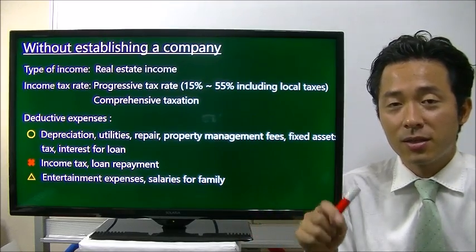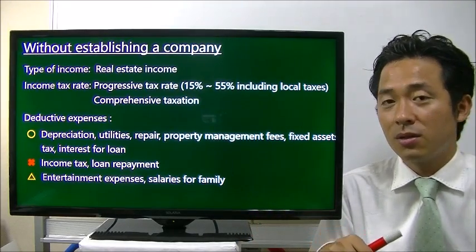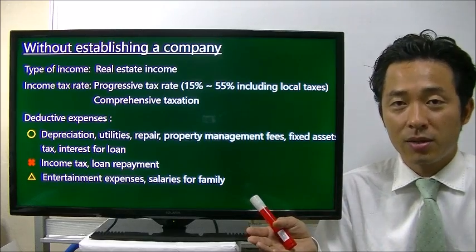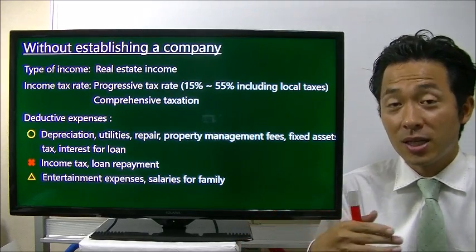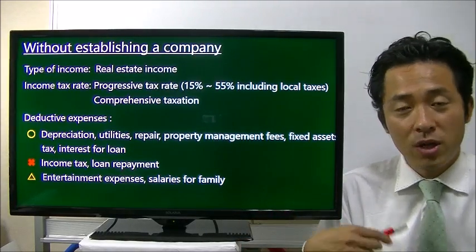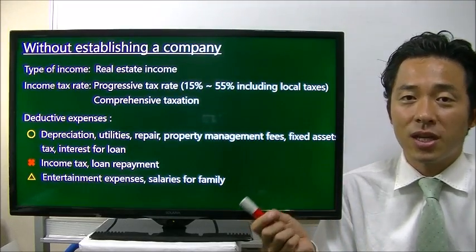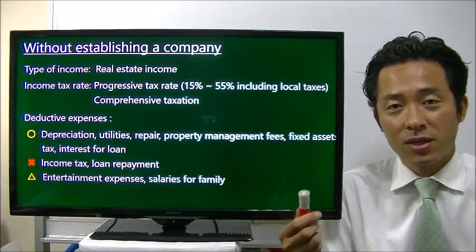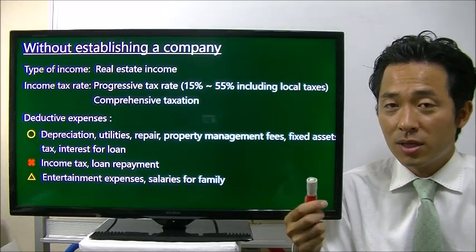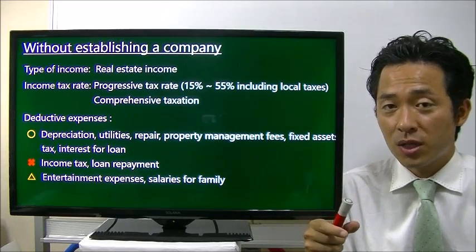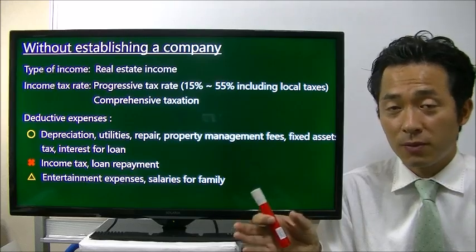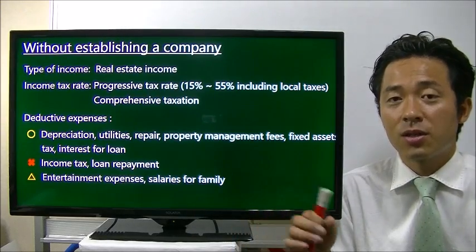The first case is you're renting an apartment without establishing a company. So it's very ordinary process and easy to do it. So when you make the real estate income, you have to pay the personal income tax. So the personal income tax is the lowest tax rate is 15%, and the highest is 55%, including the inheritance tax.